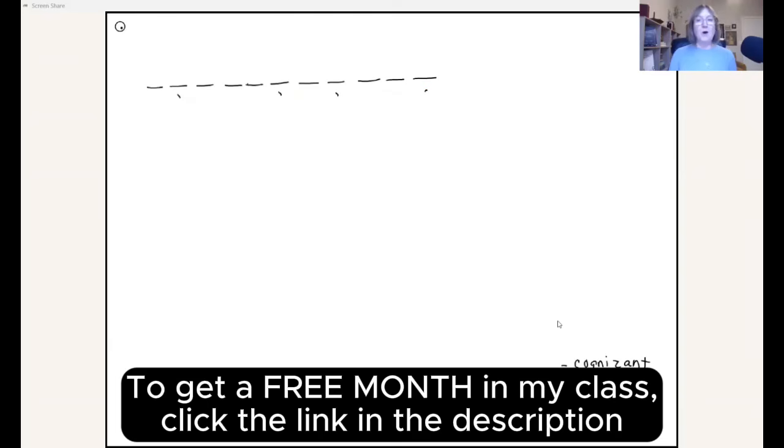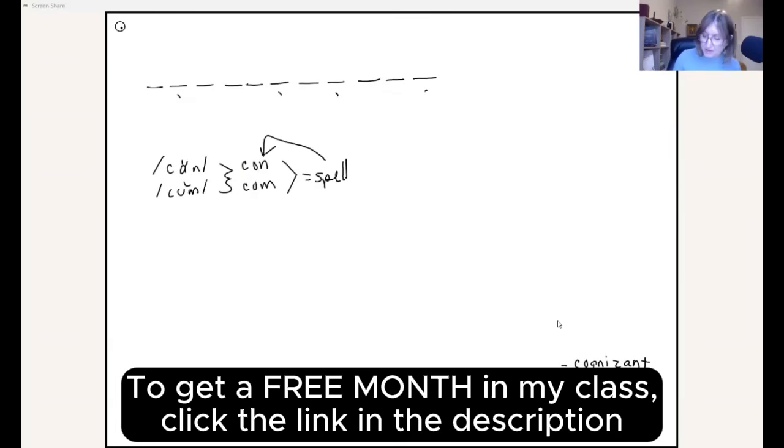Yep. Okay, so sometimes you're going to hear a con or a com at the beginning of words. Those are Latin roots, and they are spelled C-O-N and C-O-M. Spell them this way.